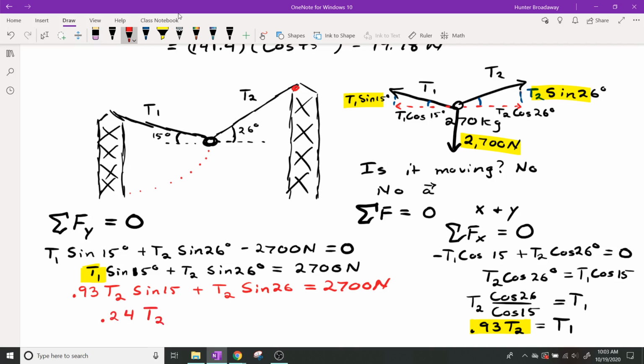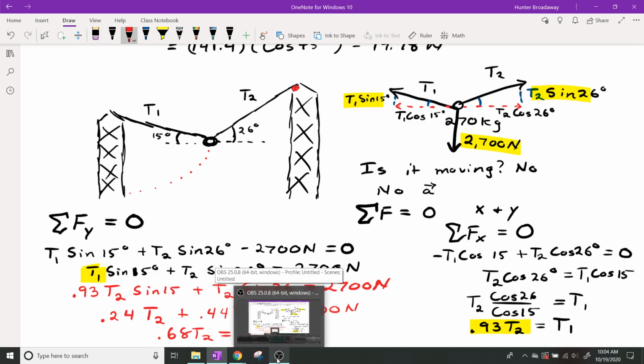Okay, so that's 0.24 T2, and the sine of 26 is 0.44. So we're going to do 0.44 T2 equals 2,700 newtons. So 0.68 T2, the second tension, is equal to 2,700 newtons.